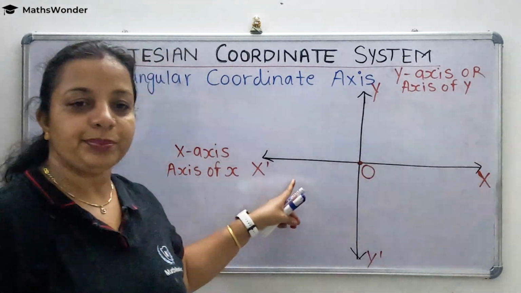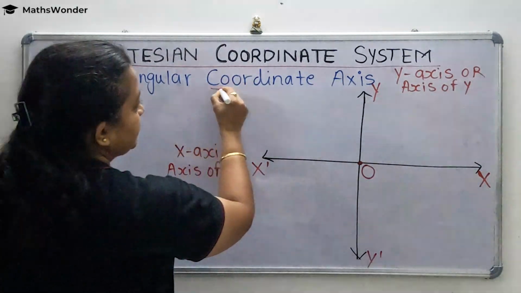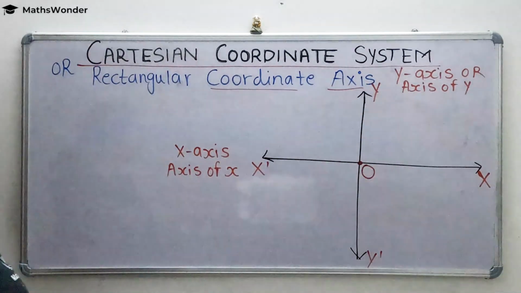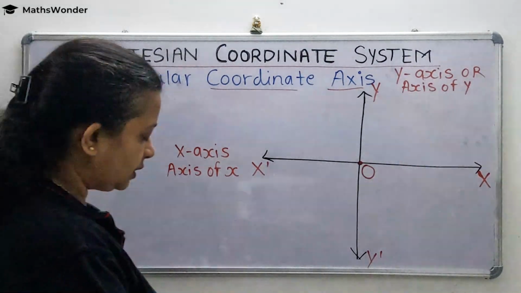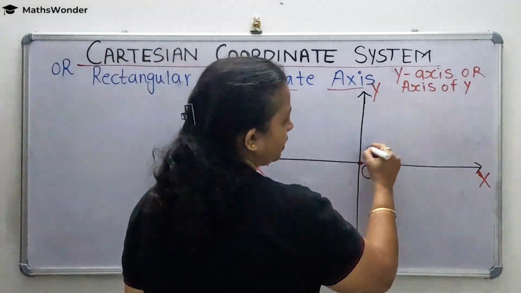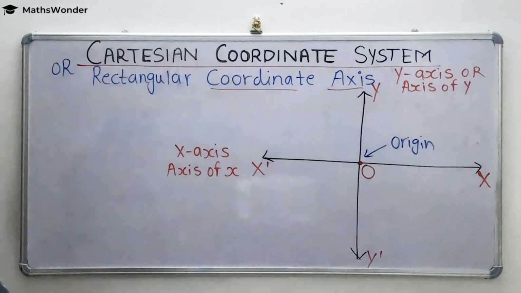The point O is called the origin. Very important, okay.